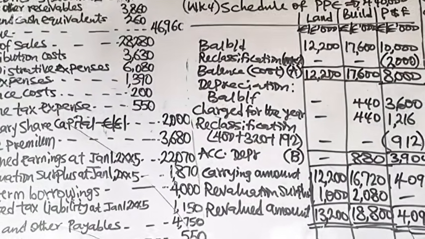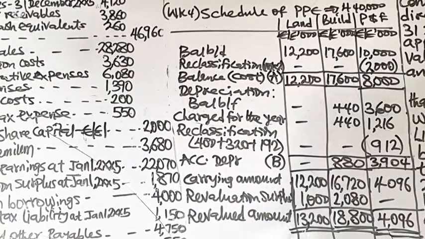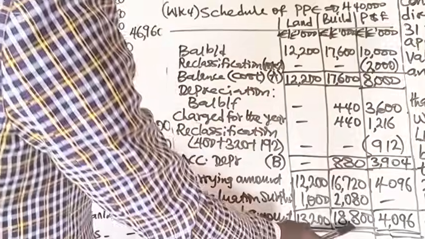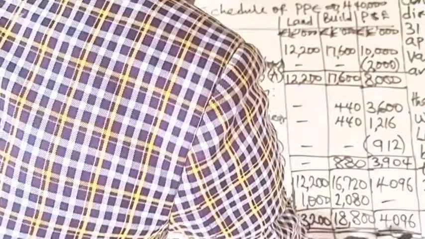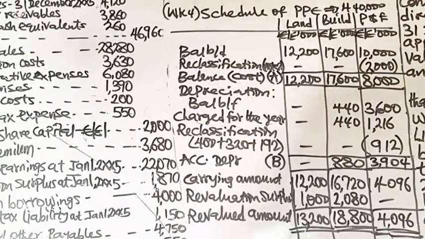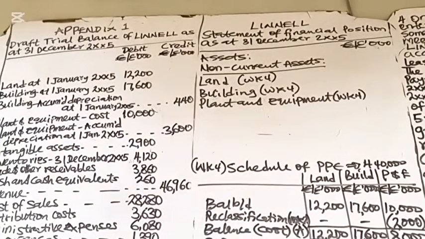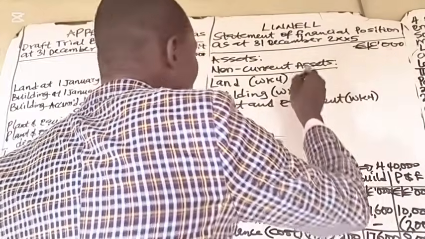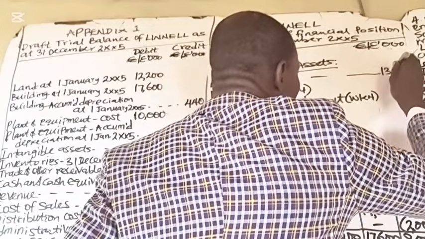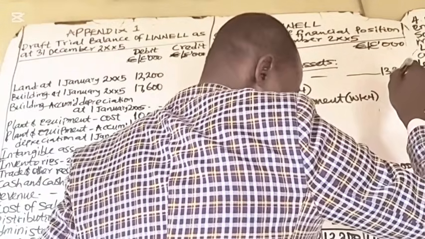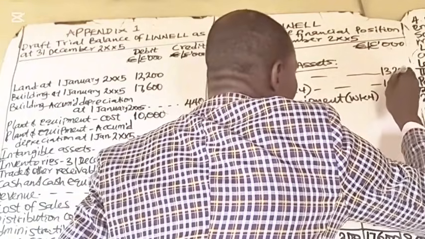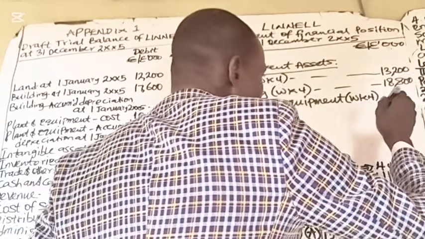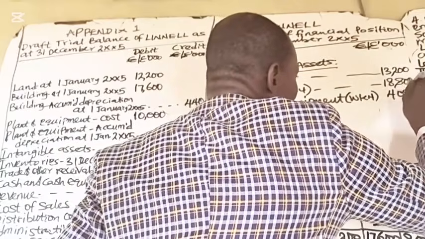Back to working 4. So we have land at the revalued amount of 13.2 million, building 18.8 million, then plant and equipment 4,096. So we want to include this amount in our statement of financial position. Land is 13.2 million. Building 18.8 million. Then we also have plant and equipment 4,096.